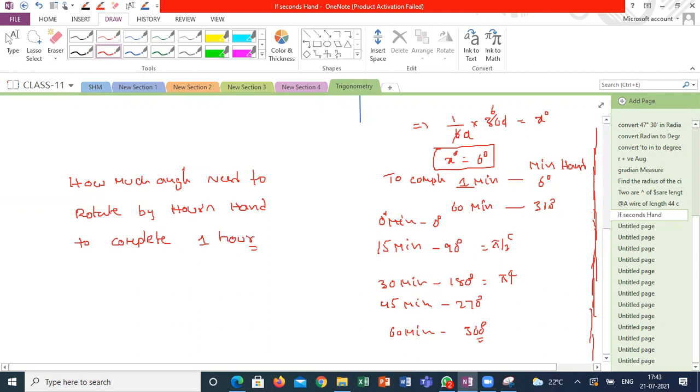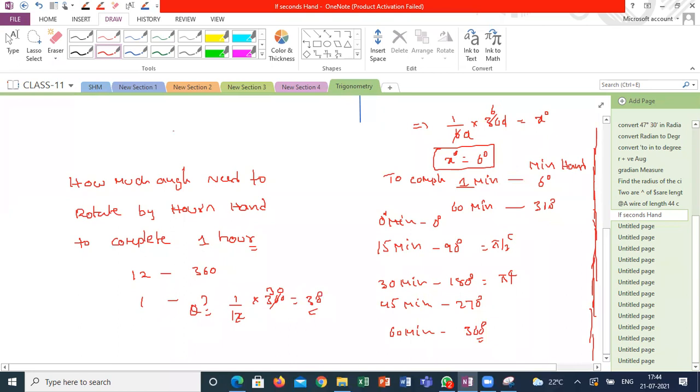Anyone? 30 degrees. It is very simple. We can say like this. For completion of 12 hours, 360 degrees. For 1 hour, how much? So 1 by 12 into 360 is equal to 30 degrees. So that is the angle rotated to complete 1 hour.